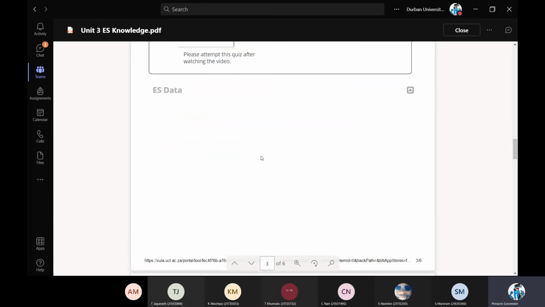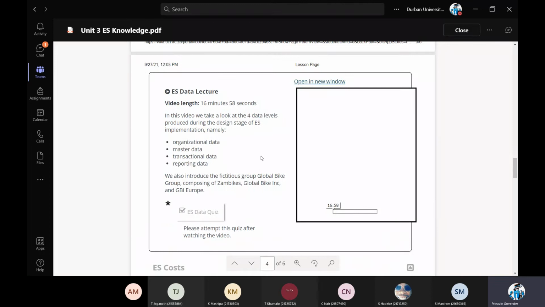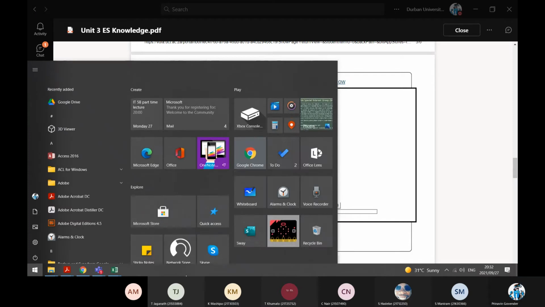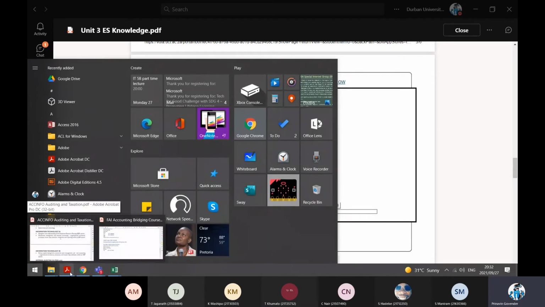Then you can read the aspect of organizational data: what's master data, what's transactional data. Here there's the question: what is master data? Master data, you've done that in the notes under Unit 3.